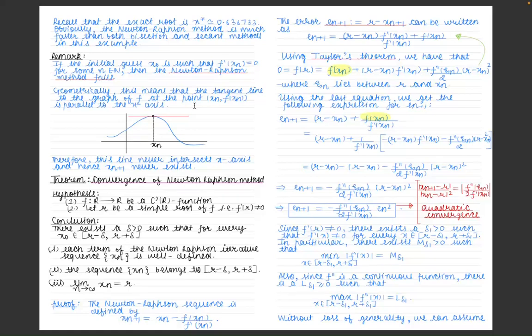So you can always find a delta 1 small enough, sufficiently close, such that f prime x is non-zero for every x in r minus delta 1 to r plus delta 1.